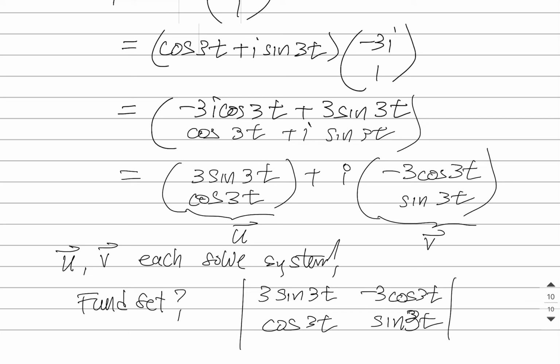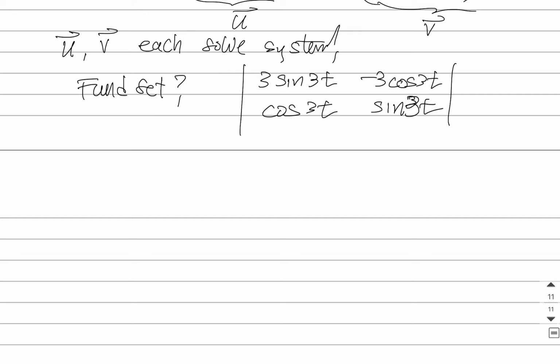When I plug that in, it's a simple matter. You're going to use the Pythagorean identity. And what you'll find is that you'll get 3 sine squared 3t plus 3 cos squared 3t. It equals 3, which is not 0, and it is a fundamental set.